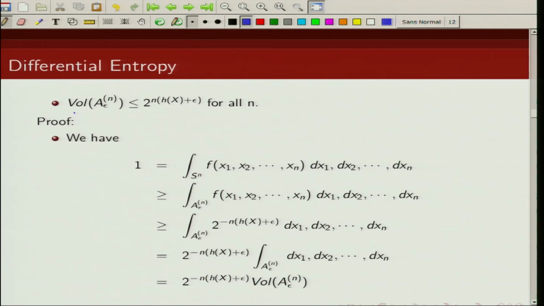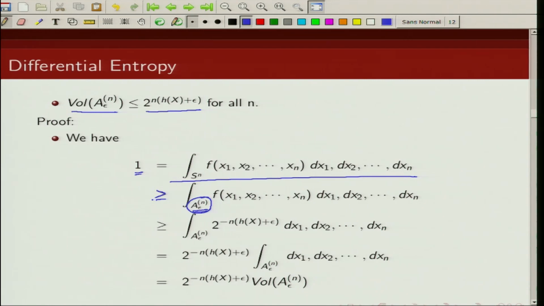The next property that we are going to show is that the volume of the typical set is upper bounded by this. Now we know that if you integrate this density function over the support set, we will get probability 1. If we integrate over the typical set, then since the typical set is a subset of the support set S, we get greater than or equal to here, because we are integrating over a smaller set.